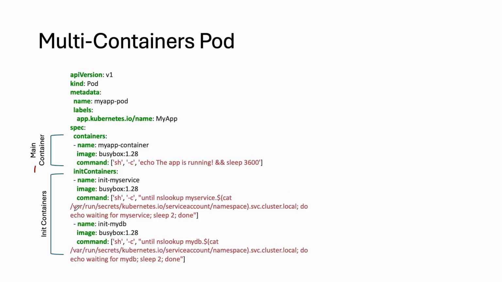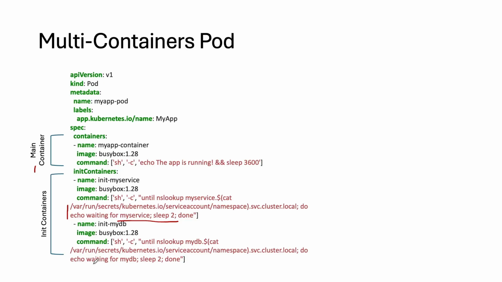If you look into these commands, it's just demonstrating that maybe your application relies on some service to come up. So it's going to wait for the service to come up here, and then only stop once that service is up. Similarly, maybe your application requires a database to be up before you want to run your application.